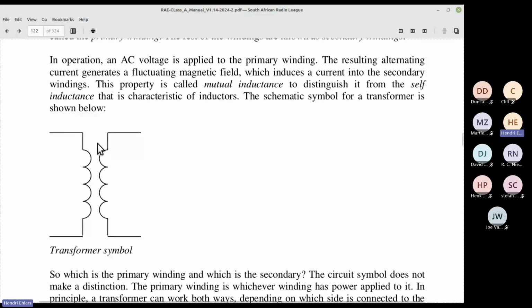There should be a line in the middle here that represents the core. It can be an iron core. There's a variety of metal. It could be an air core, but the transformer also always has a core of some sort that carries the magnetic field from the one side to the other.